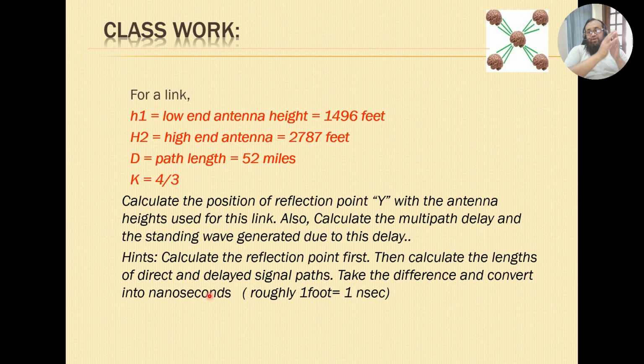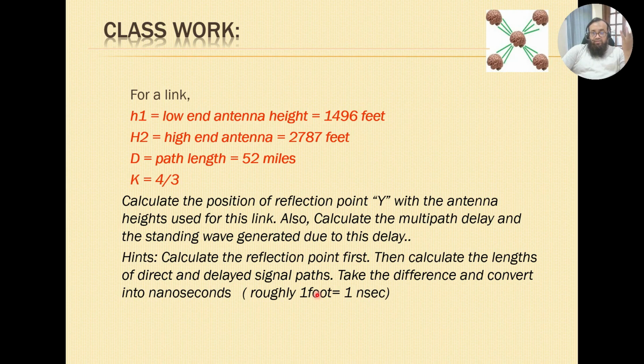So basically what we will do is that we'll have an incident wave and then we'll have a reflected wave. So we'll calculate the path of the incident wave and the path of the reflected wave, and we will just take the difference of it, and then we will convert that difference with a roughly 1 foot to 1 nanosecond, but we will see how it is really done.